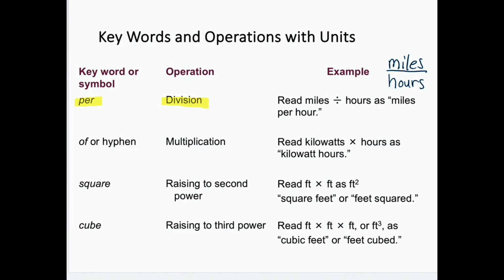Per means divide. If I see an of or a hyphen, then that means multiplication. So, for example, if I had kilowatts times hours, that would be kilowatt hours. And if we wrote it with a hyphen, it would look like this.